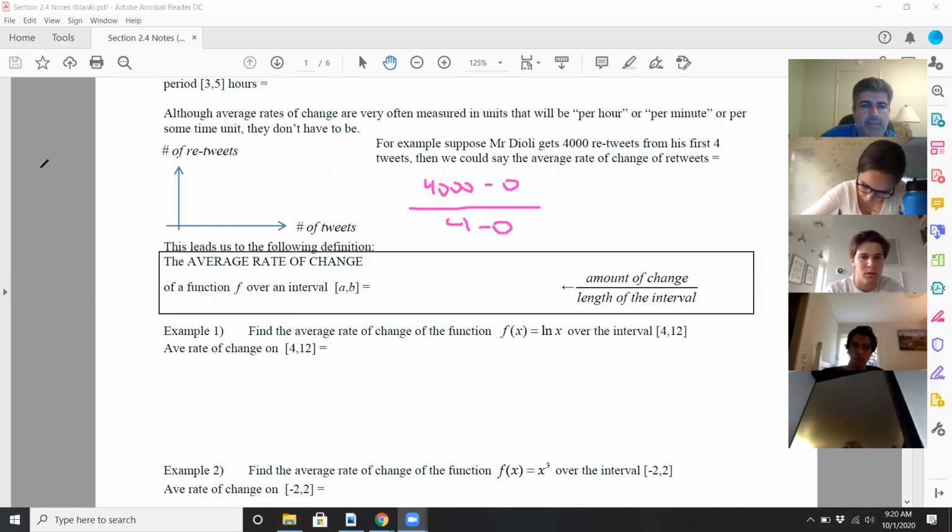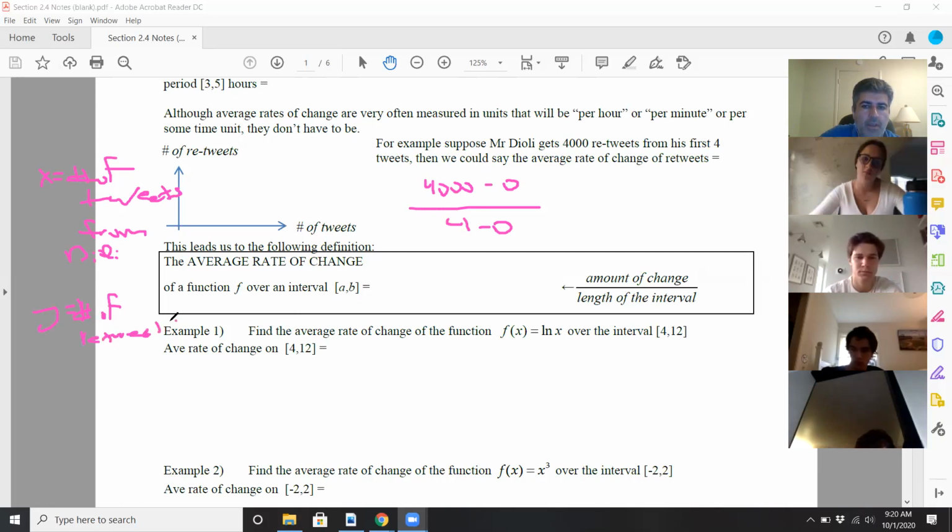So basically what's happening is that my x is to mean the number of tweets from Dioli. The y is to mean the number of retweets from his followers.